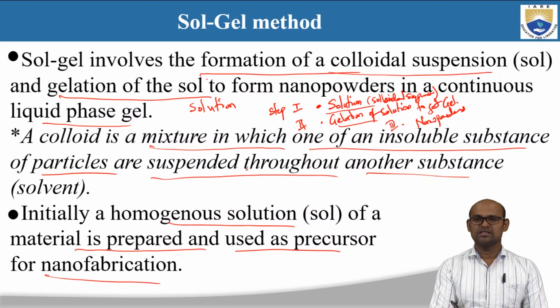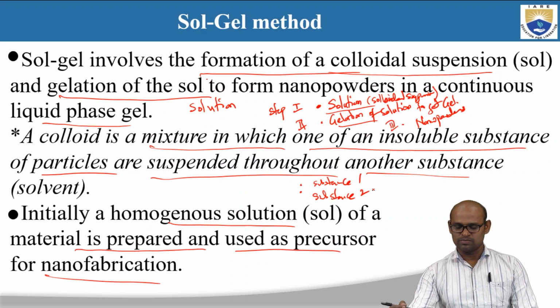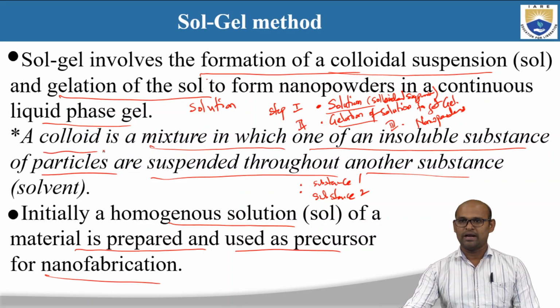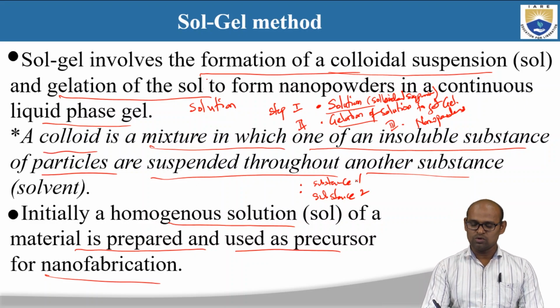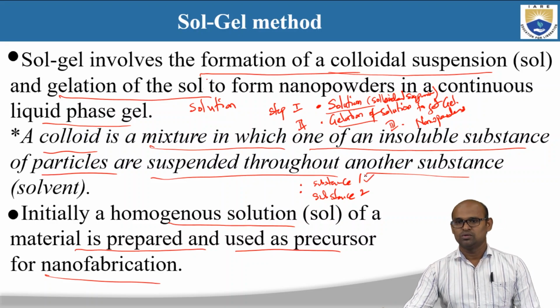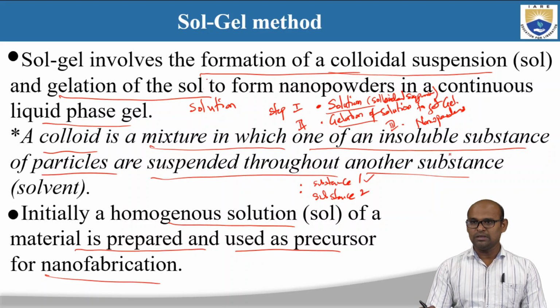Okay, so now we understand what a colloid is. A colloid means there are two different types of substances, substance 1 and substance 2. So there are two substances in a colloid or colloidal suspension. Out of these two, one substance is not soluble in the other.